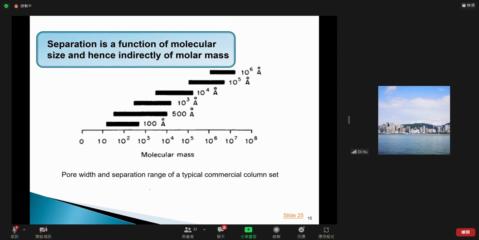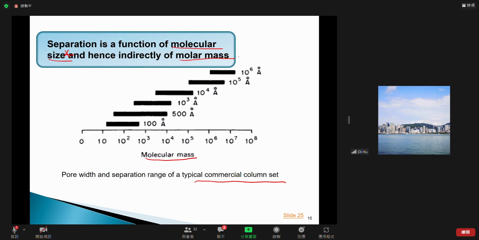Okay, this shows a typical commercial column set. Although it shows the molecular mass corresponding to 10 Dalton, 100,000, 10,000, and so on, it actually corresponds to different pore sizes. So we always have to keep in mind that separation is based on molecular size, and therefore only indirectly on molecular weight.